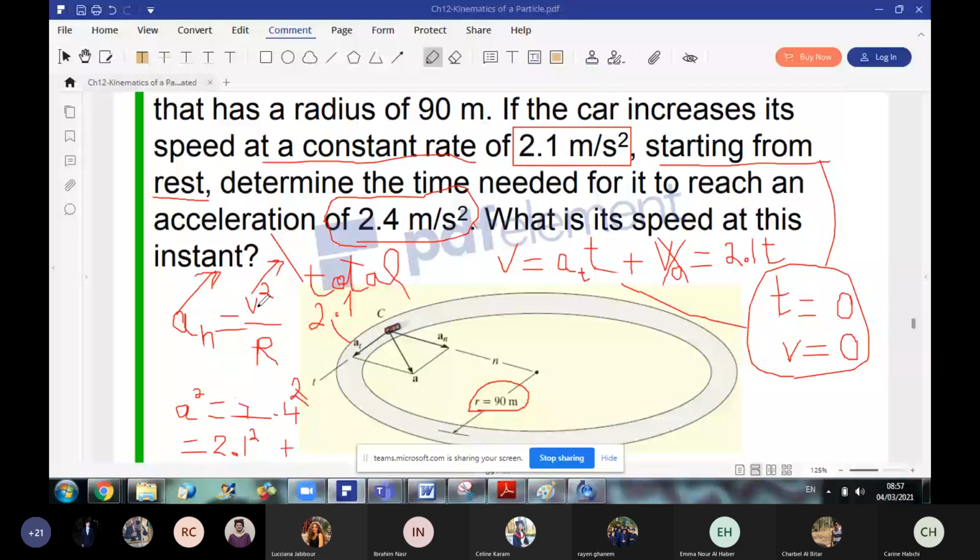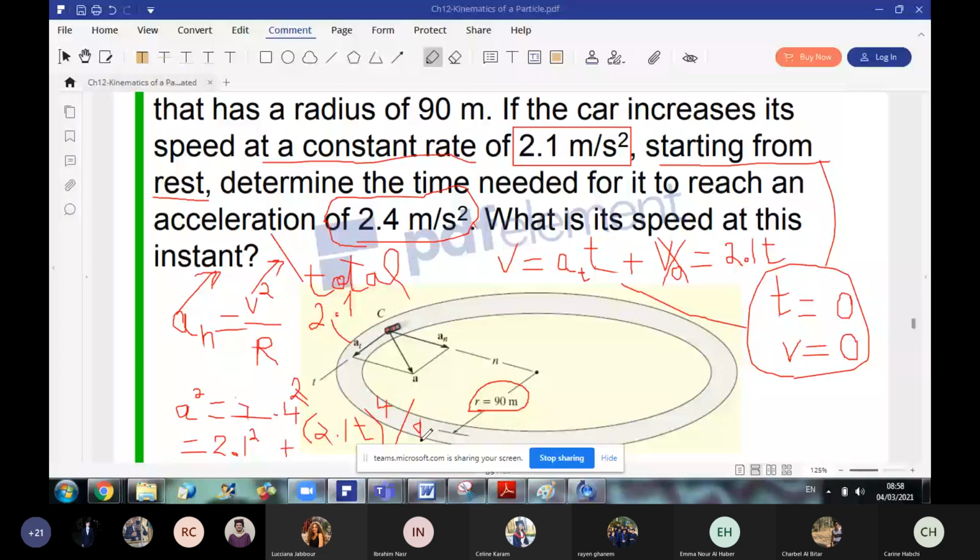We already have an as v squared over R, so an squared is v to the power 4 over R squared. Replacing v by 2.1t, we get (2.1t) to the power 4 over the radius squared, which is 90 squared.